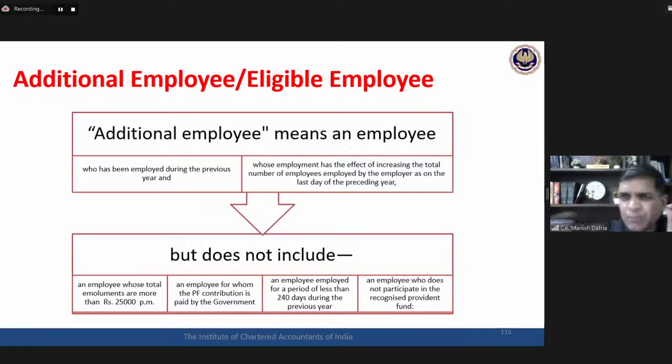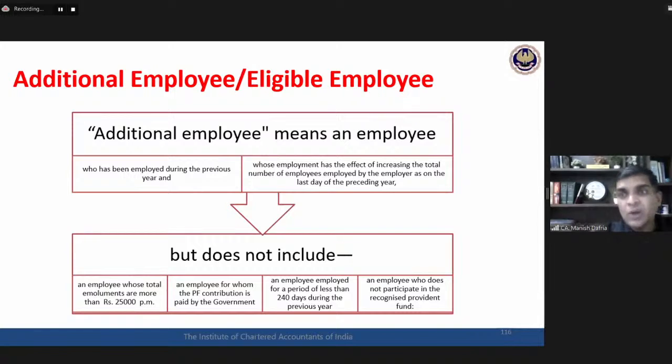Okay, if the words additional employee create a confusion in our mind, we can treat it as an eligible employee also. Employee should be an eligible employee, then only his wages shall generate 80JJAA deduction. So who will be an eligible employee? Or who will not be an eligible employee? If his salary is more than 25,000 per month, he is not an eligible employee.